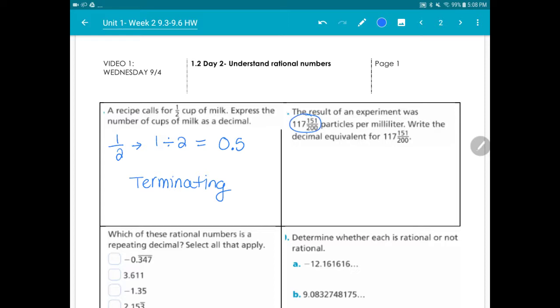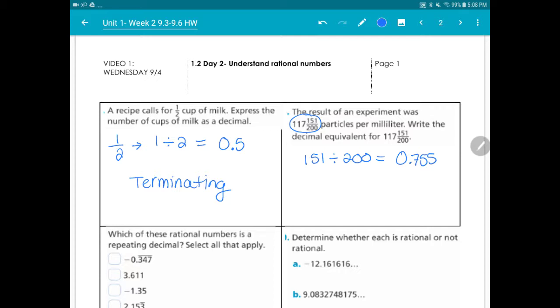All right, so now we're going to do the same thing, but now we're talking about a mixed number. It wants us to write the decimal for this. So first, when we're doing a mixed number, we do the fraction first. I'm going to grab my calculator. So when we do that, you should get this.